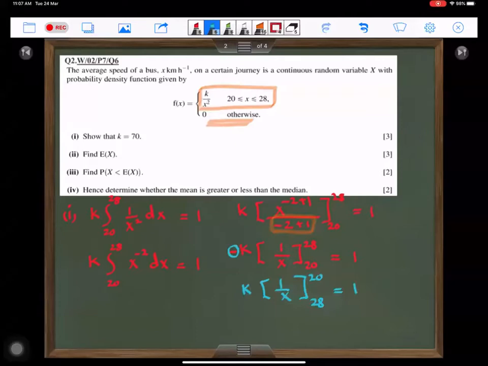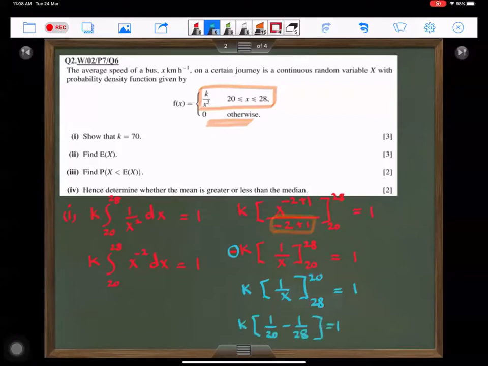Fifth step, removing that minus sign, and to compensate for that, you switch the limits: upper becomes lower, lower becomes upper. Now, when everything is crystal clear, write down k on the outside, 1 over 20 minus 1 over 28 equals 1.